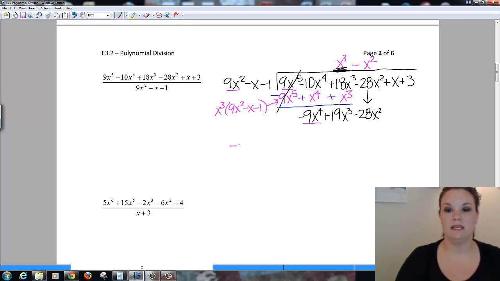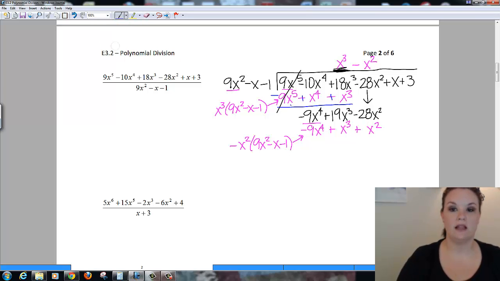So I'm going to do negative x squared times my divisor and write it here. So negative x squared times 9x squared gives me negative 9x to the 4th. Negative x squared times negative x is positive x cubed. And negative x squared times negative 1 is positive x squared.